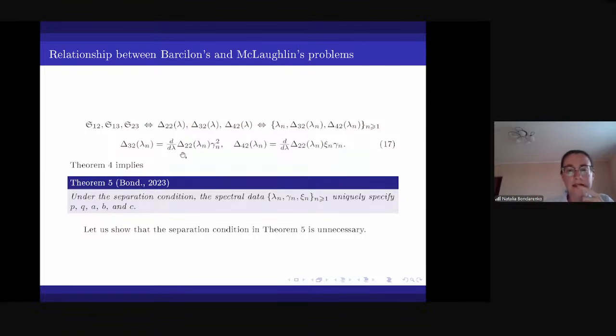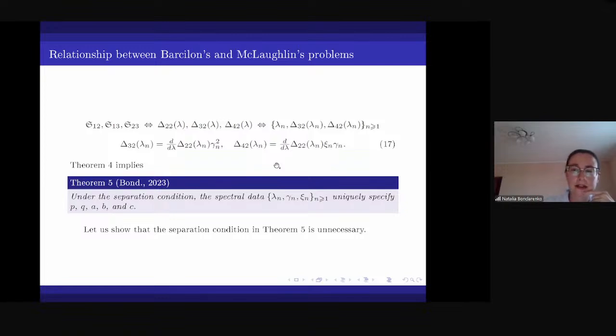And then the following relations hold. If we have three spectra, then we have the function delta 2,2. We can find these derivatives. We can find these values. And so from these relations 17, we can find gamma_n and xi_n up to the sign.